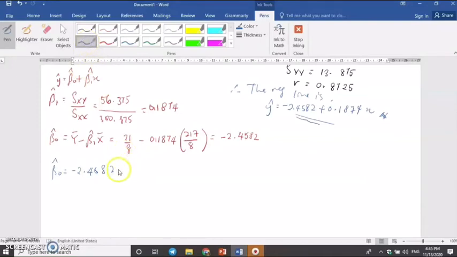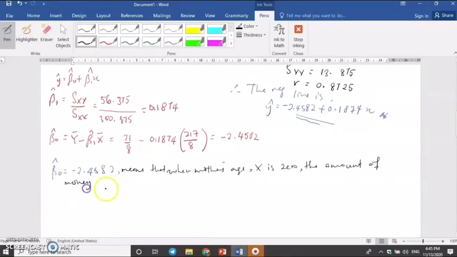So negative 2, okay, means that when mother's age, which is x, is 0, the amount of money should be saved, which is our y, will decrease by 2.4582.